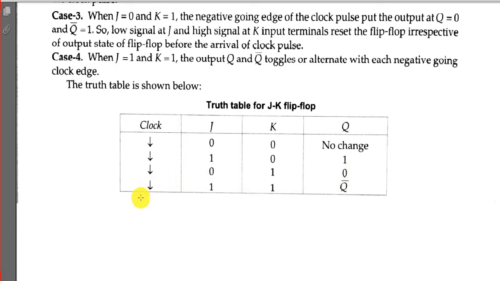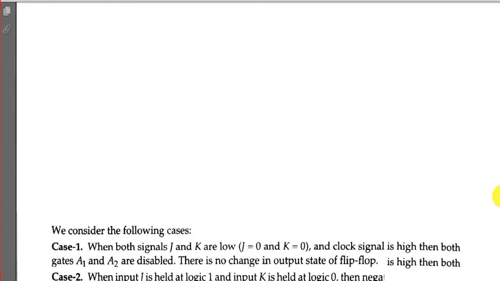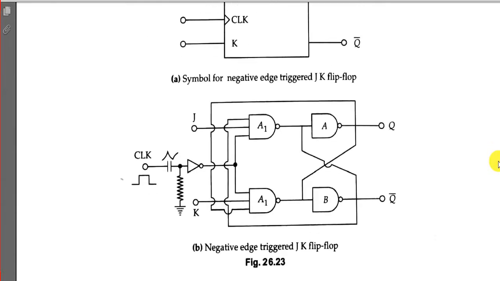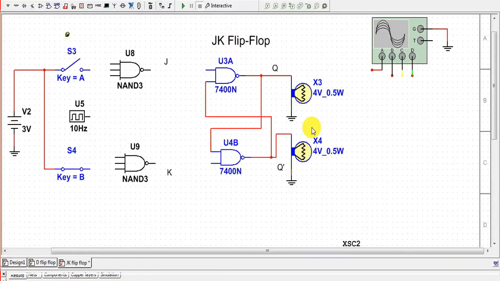In the next case, when the pulse goes from higher logic to lower logic, if both J and K are at a higher logic, then we won't get an undefined case, but we will get a complement case, and the output will keep toggling for each pulse going from high to low. Now we will connect our circuit and verify this truth table, or rather visualize it in a timing diagram. So we will start the connection.